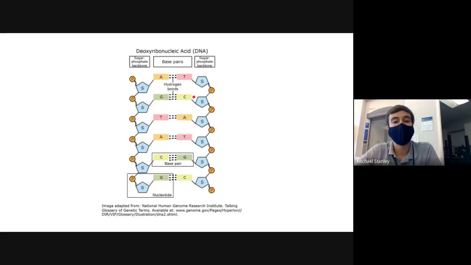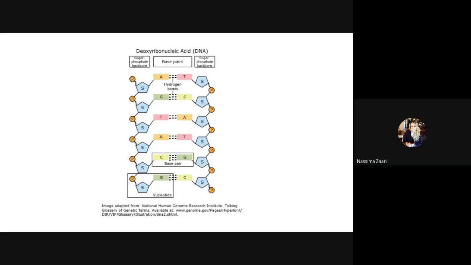The other thing that I want you guys to notice is how the bases are lining up across the middle of our DNA here. Does anybody see any patterns in terms of how these bases line up together? Yes, Mr. Michael. When we have the A, we have like T, we have G and C, and they go on like.